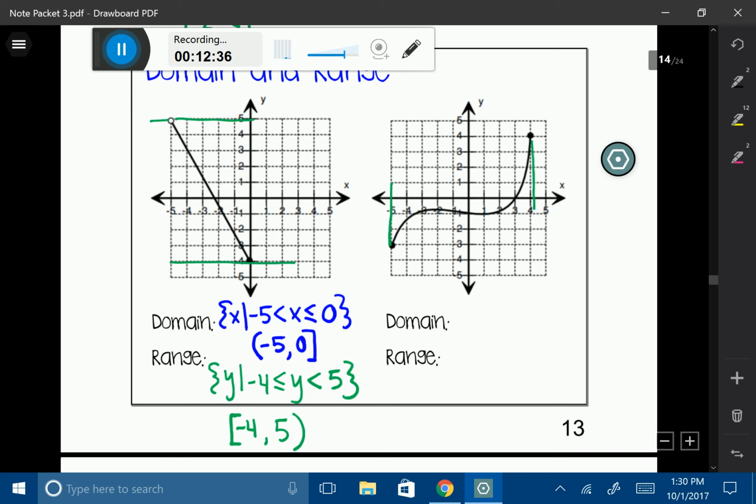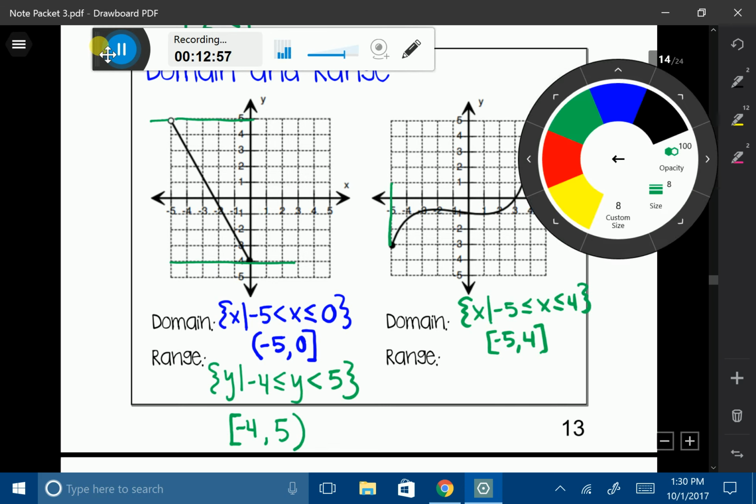Looks like both points are included, so let's go ahead and say x such that -5 is less than or equal to x, which is less than or equal to 4. My interval notation will be bracket, -5, comma, 4, bracket, since both numbers are included.